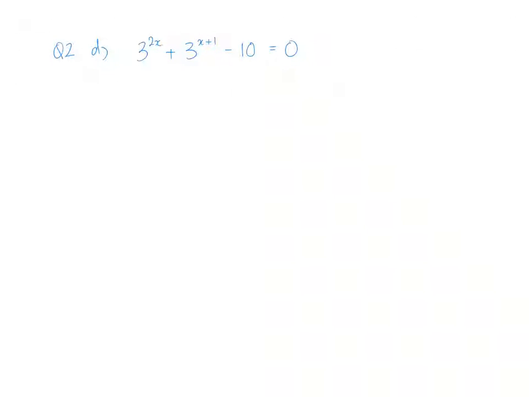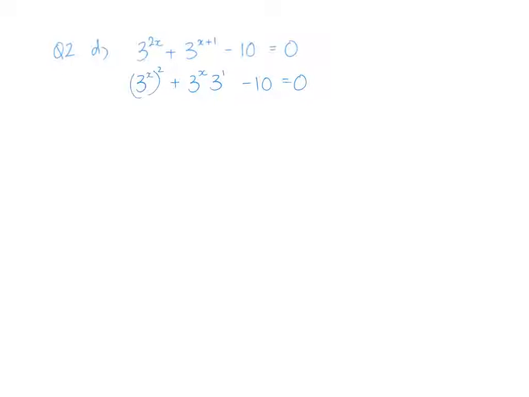This one's a little bit trickier simply because of the 3 to the x plus 1. We've got to incorporate our laws of indices. So I've got to do one more step with this one. So it's going to be 3 to the x squared, and then thinking about your laws of indices, that's 3 to the x multiplied by 3 to the 1.